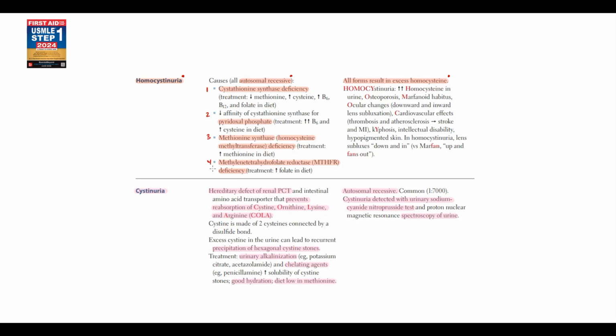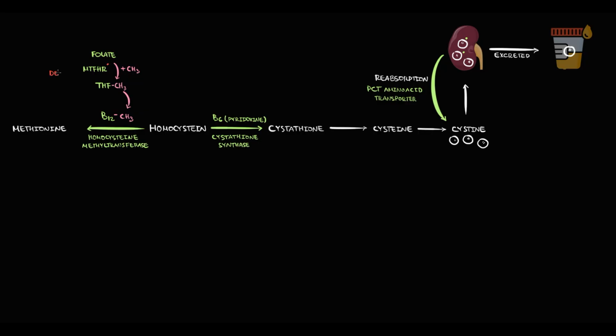The fourth possibility is deficiency of methyl tetrahydrofolate reductase. Without methyl tetrahydrofolate reductase, we cannot produce methylated folate. Without methylated folate, we cannot form methylated vitamin B12. And without methylated vitamin B12, homocysteine methyltransferase cannot work.